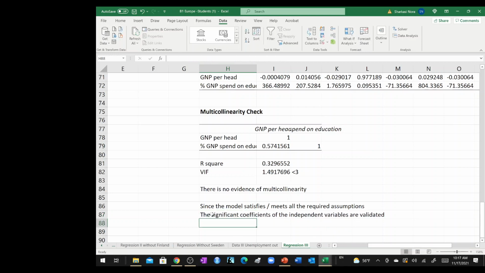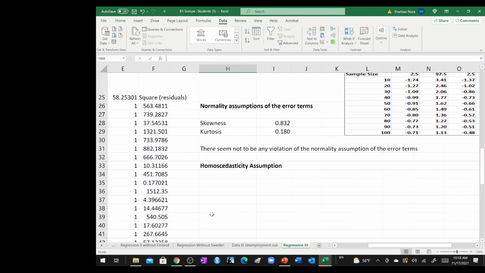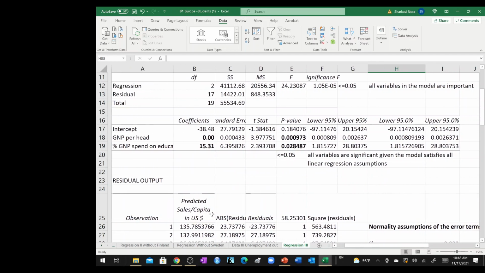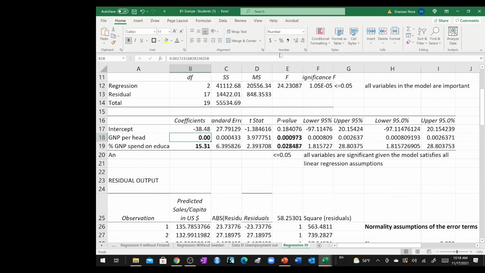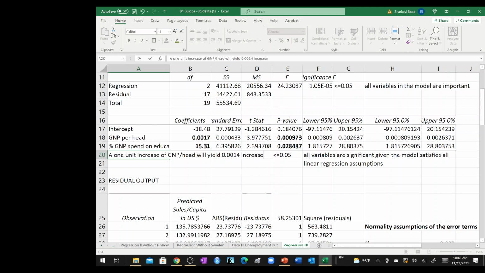So now we can say with much confidence that a 1 unit increase of GNP per head will yield a 0.0017 increase in sales per capita. This is what you were right? Per capita.